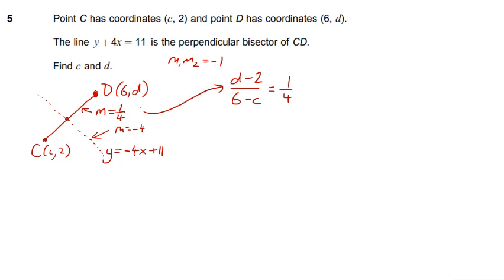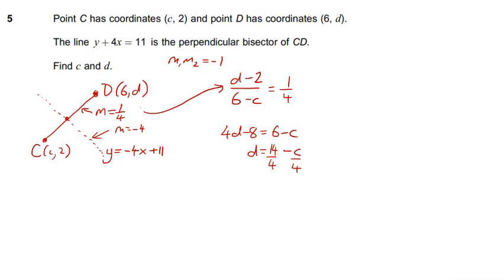If you cross multiply, we'll get 4d minus 8 is equal to 6 minus c, and that rearranges after a couple of steps to d equals 14 over 4 minus c over 4. Okay, so we've got one equation that involves d and c. We need another one so we can solve it simultaneously.